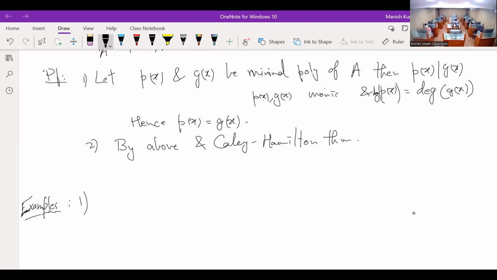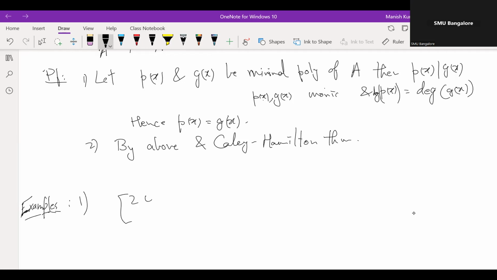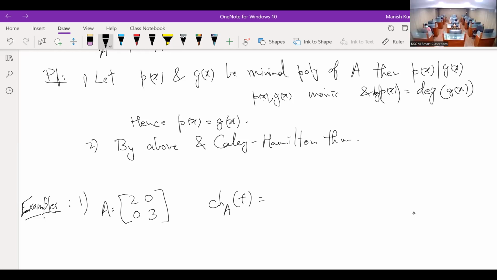The diagonal matrix with entries 2 and 3. So what is the characteristic polynomial of this? (T minus 2) into (T minus 3).